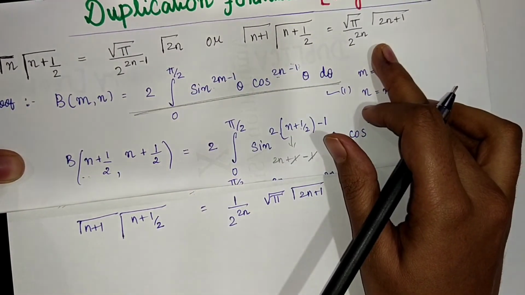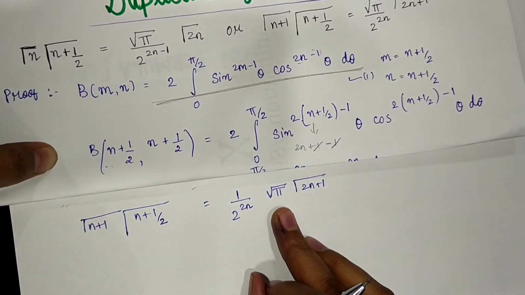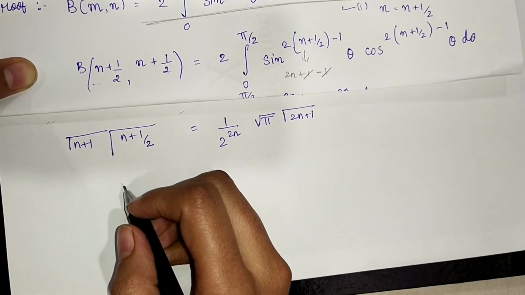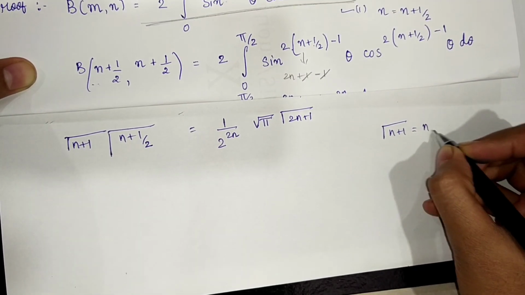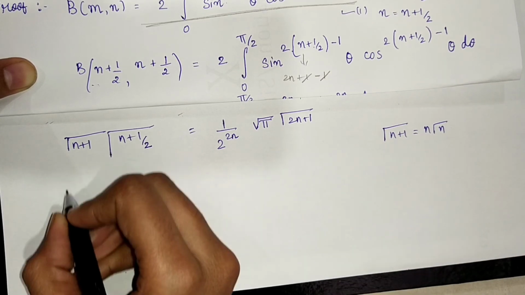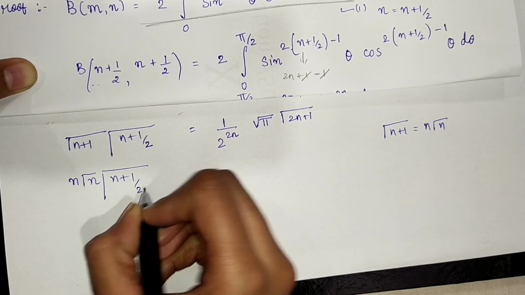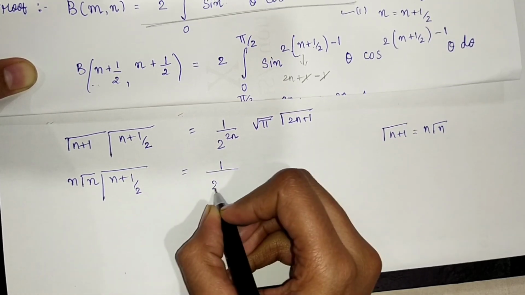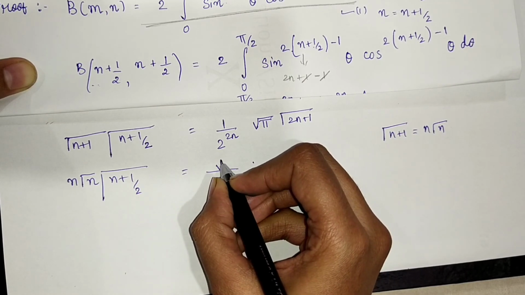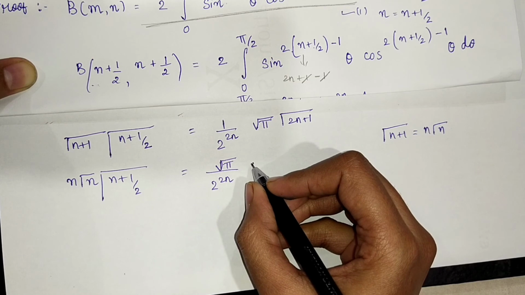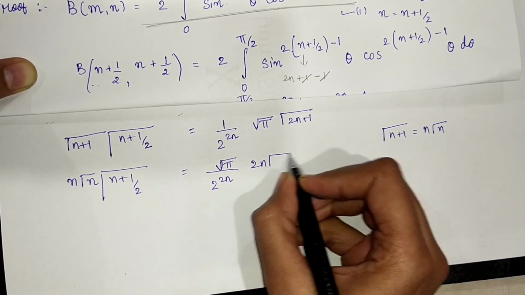We got this formula, but if we want to convert this formula into another form, then also we can convert it. How can we convert it? We know that the value of gamma n plus 1 is n gamma n. Then here I can substitute n gamma n. Gamma n plus 1 by 2 will remain as it is, 1 upon 2 raised to 2n under root pi, and in place of gamma 2n plus 1 also I can write 2n gamma 2n.